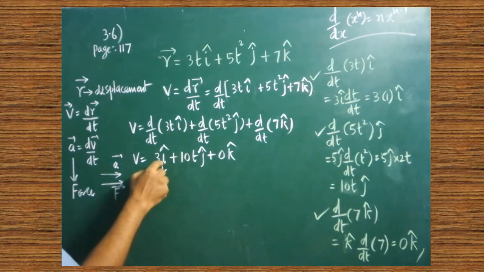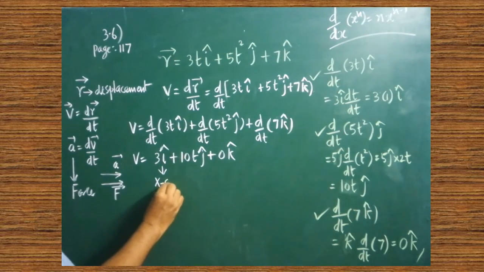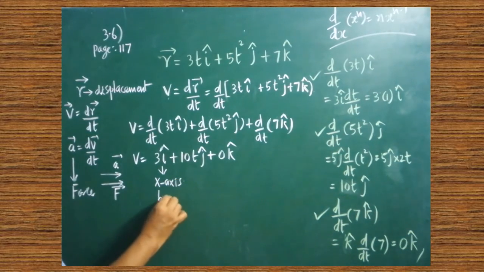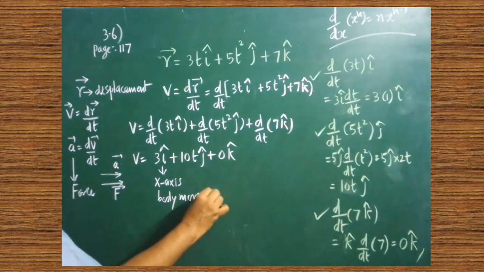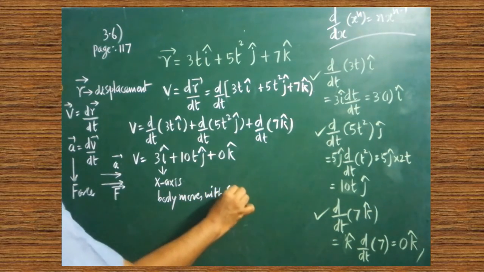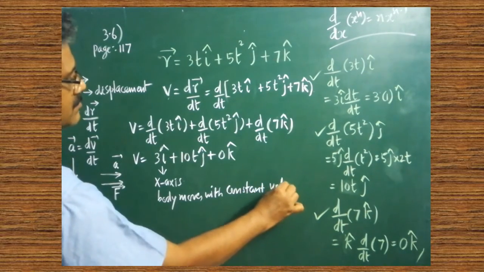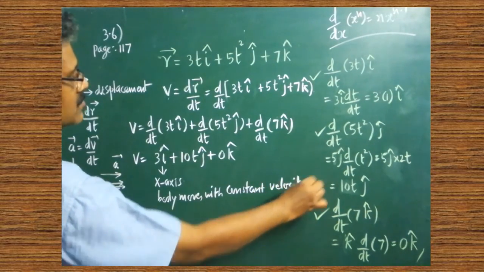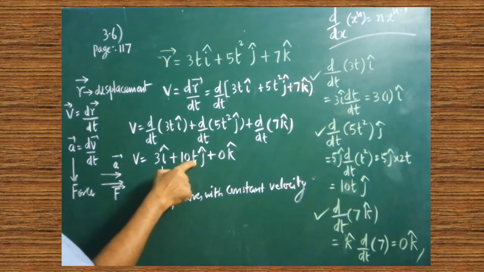Because there is no t here, simply 3 is written. So along the x axis, the body moves with constant velocity. This must be understood. Why? Because there is no t factor. But if you substitute the value of t in the other component, the velocity may vary.